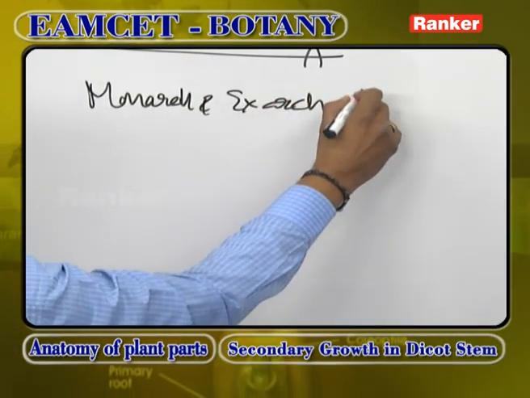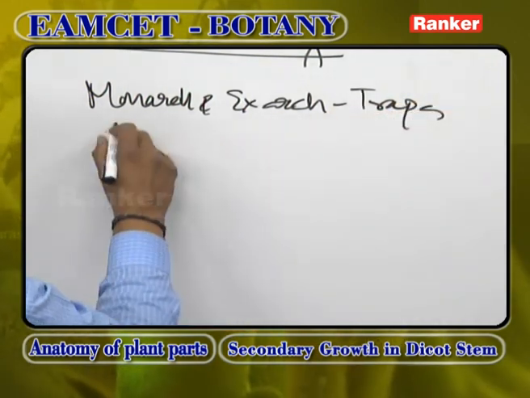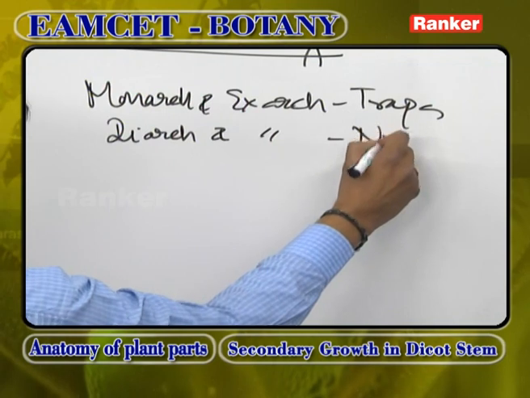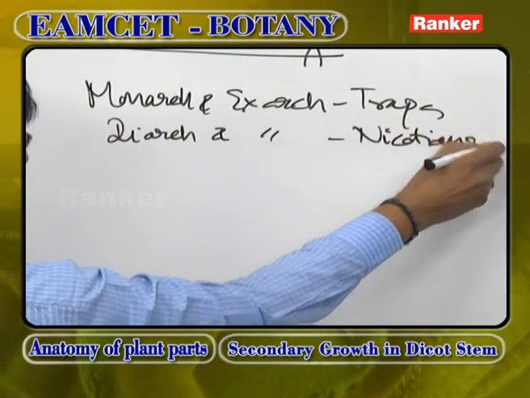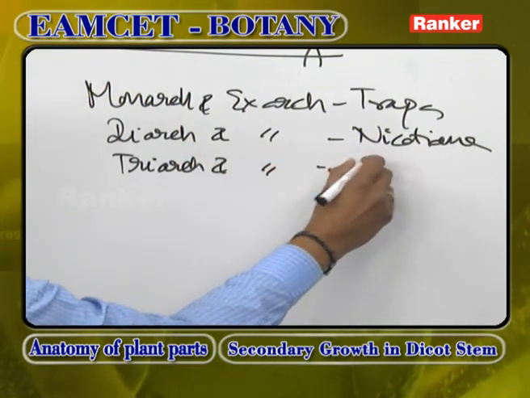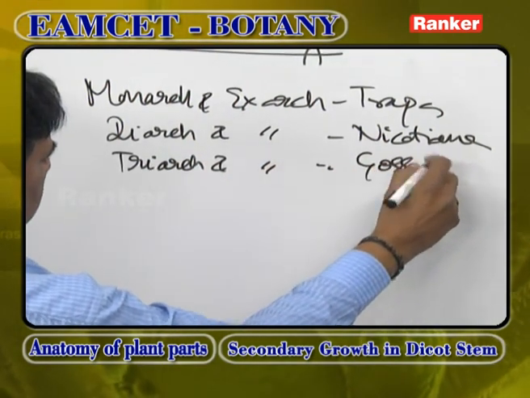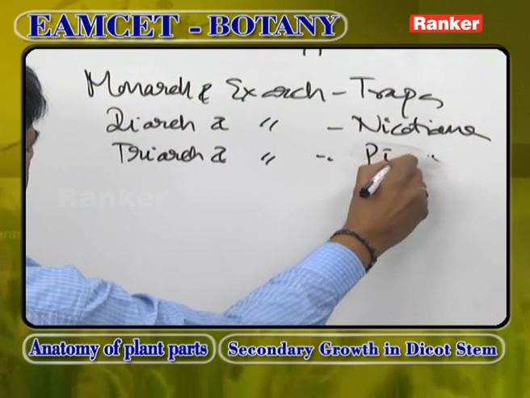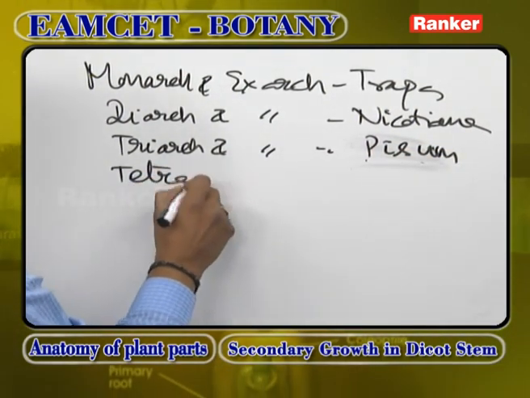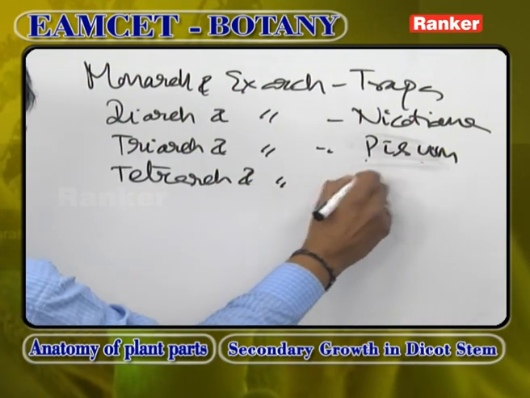In dicot root, monarch comes in Trapa. Diarch and exarch, Nicotiana. Triarch and exarch, Pisum. Tetrarch and exarch, Gossypium.